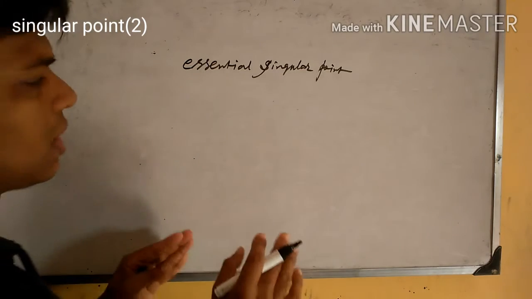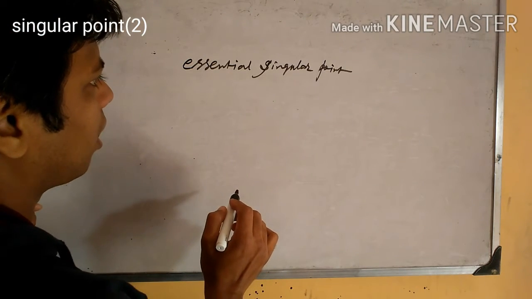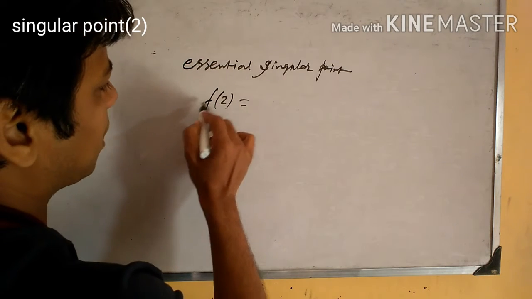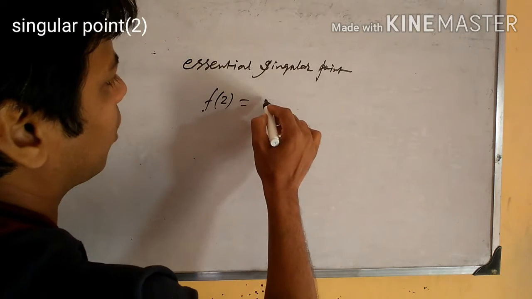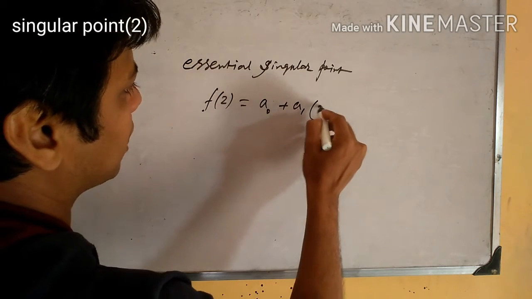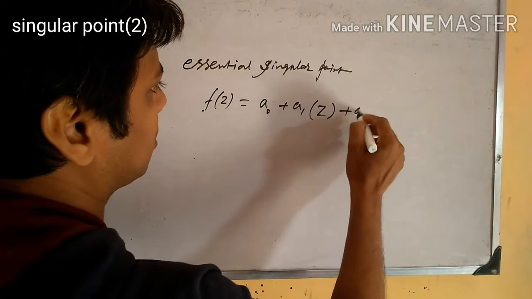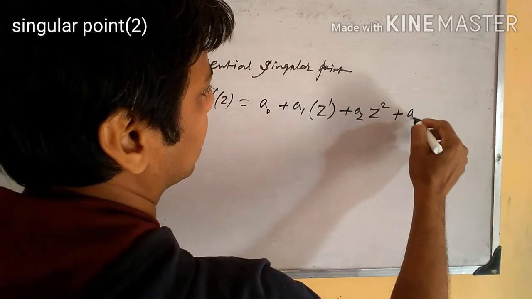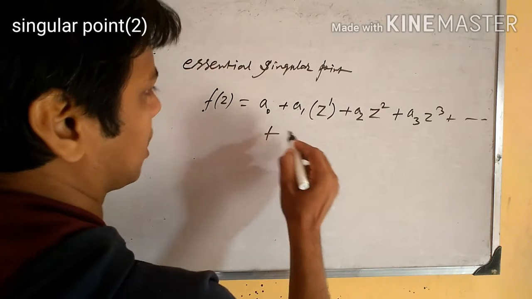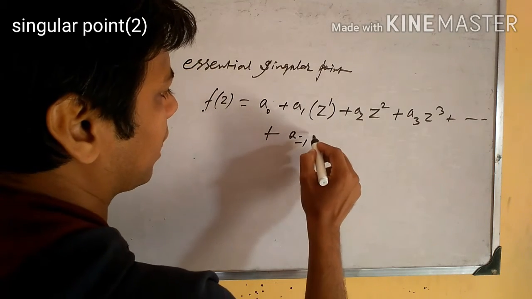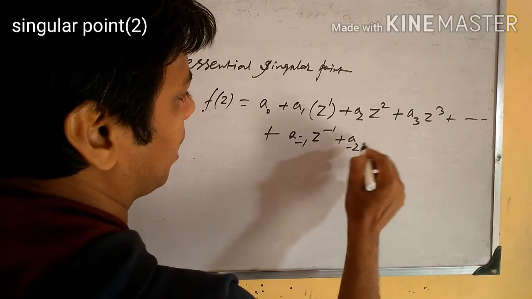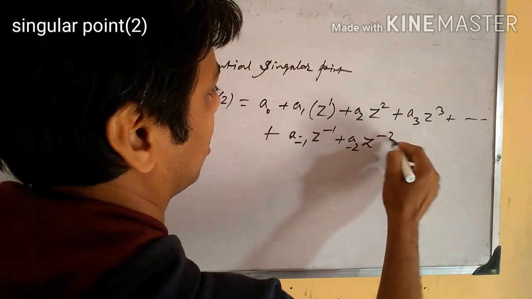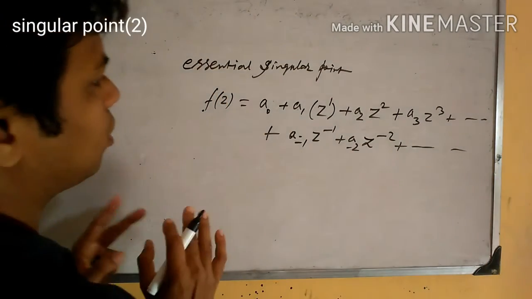In the Laurent series expansion of a function, if we make the expansion of an arbitrary function, we can write a0 plus a1 into z plus a2 into z square plus a3 into z cube plus, and a minus 1 z to the power minus 1, a minus 2 z to the power minus 2, plus and so on.